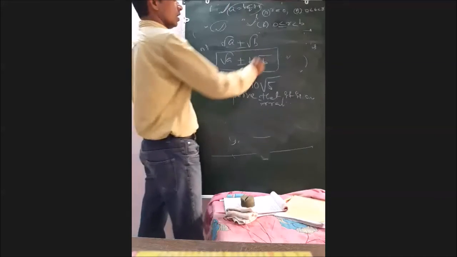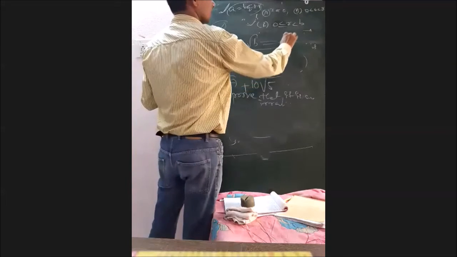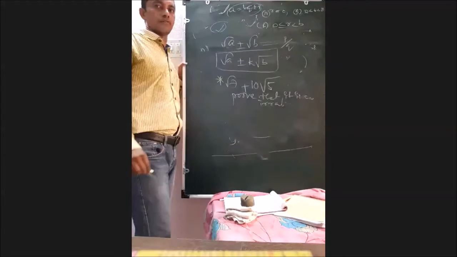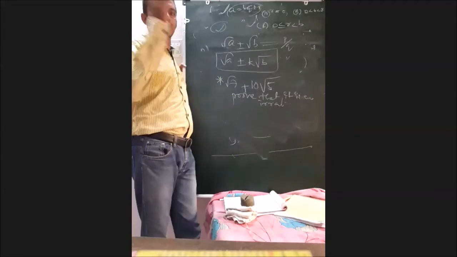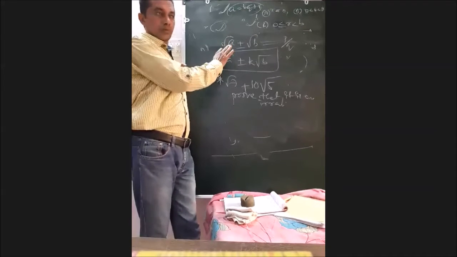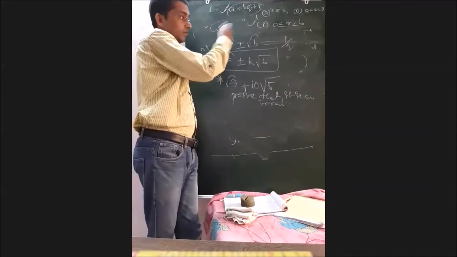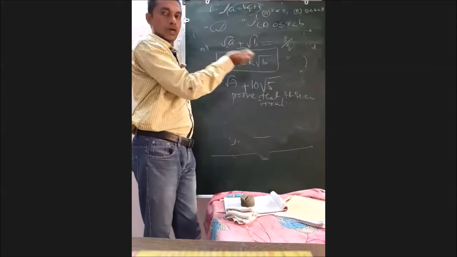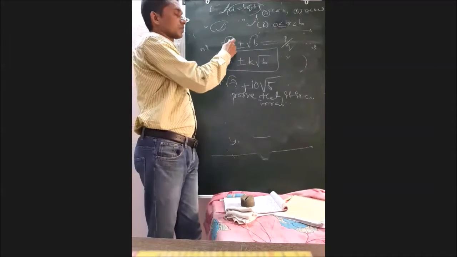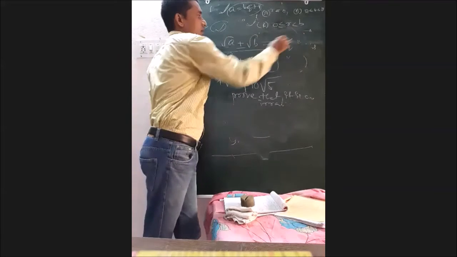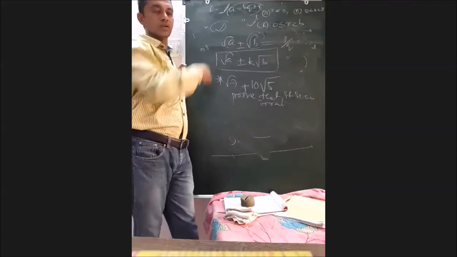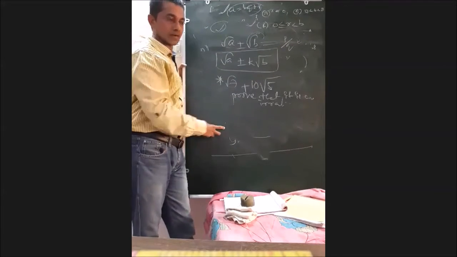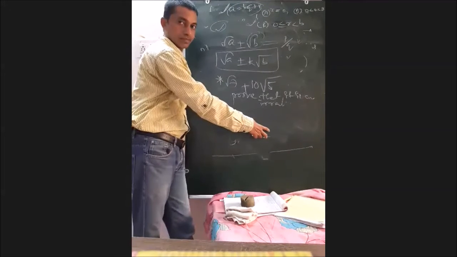For this, what you have to do? Assume by contradiction that it equals p by q. Then you can do squaring on both sides without shifting, or as per your textbook, shift one term and square on both sides. Again, you will get one irrational number and one rational number.